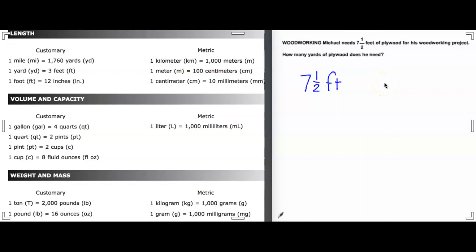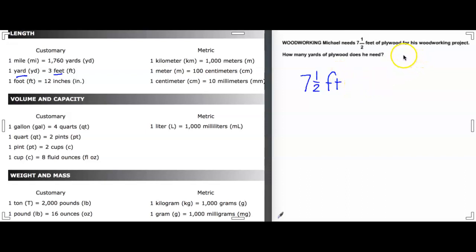Very good. We are still talking about length, and we are actually converting feet to yards this time instead of yards to feet. So let's answer this question. If we have 1 yard for every 3 feet, which one is a larger unit, yards or feet? Very good. Yes, again, the answer is still yards are larger.